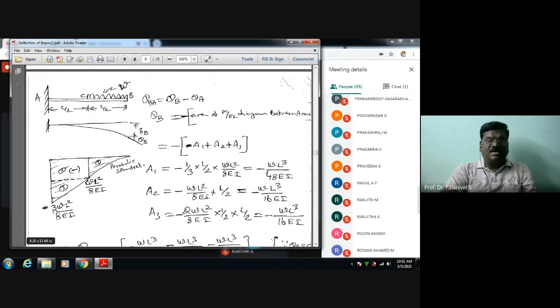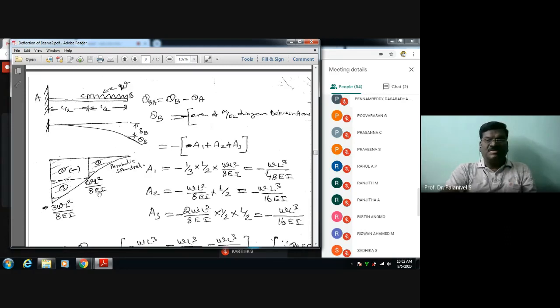So this is 3 by 8 WL square. This is WL square by 8. You can compute later. You must be thorough in how to draw the bending moment diagram for any beam given like this. You divide each ordinate by EI. So this is called the M by EI diagram.